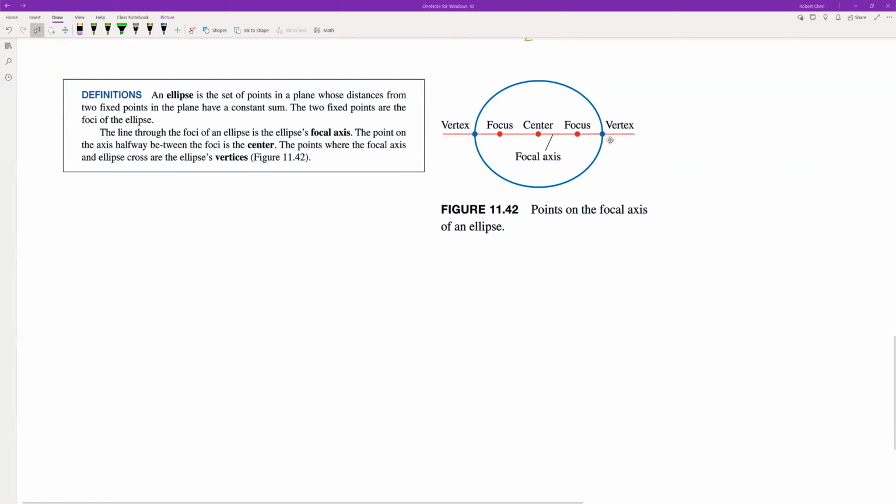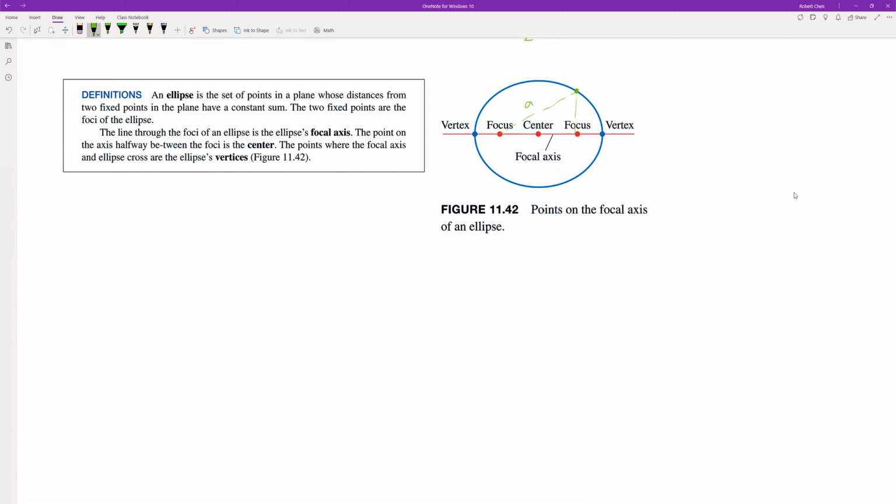So on the focal axis, you have 5 important points, right? You have 2 vertices, 2 foci, and 1 center. Right? And let's look at what this definition is saying. Right? So you can pick any point on the graph, let's say this point, right? And then you connect it to the 2 focus points. Right?